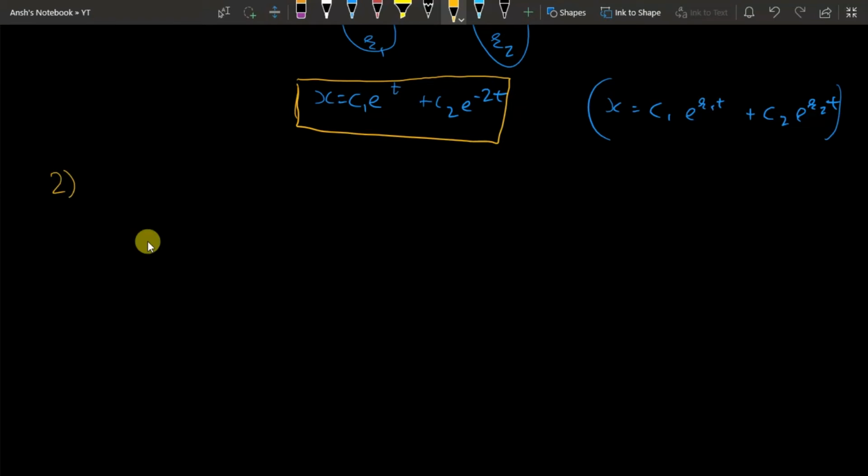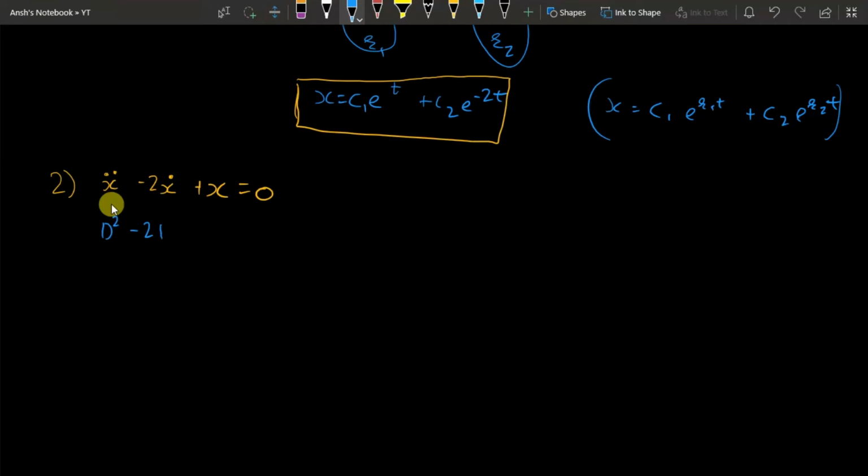So the second example that we have is x double dot minus 2x dot plus x is equal to 0. So as usual, we substitute the second derivative with a d square term. So d square minus 2.